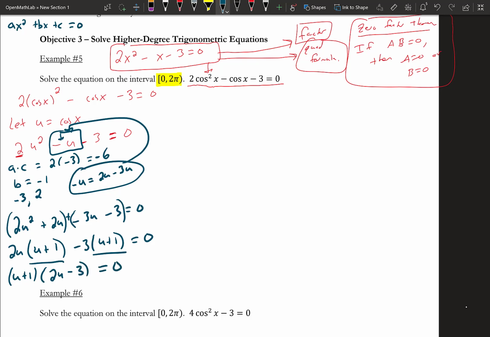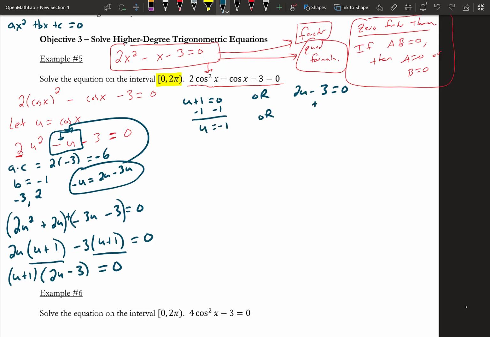Now I have it in the form to apply the zero factor theorem. So what I know is that u plus 1 has to equal 0, or 2u minus 3 has to equal 0. Now I want to solve for u. I can subtract 1 from both sides and get u equals negative 1.